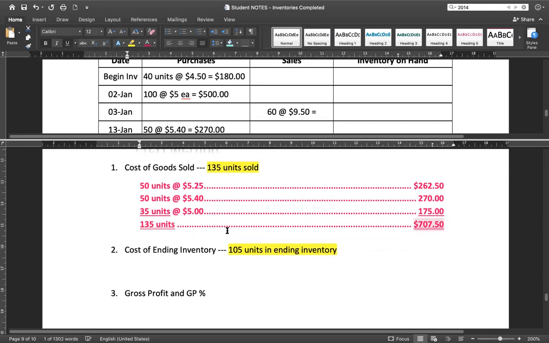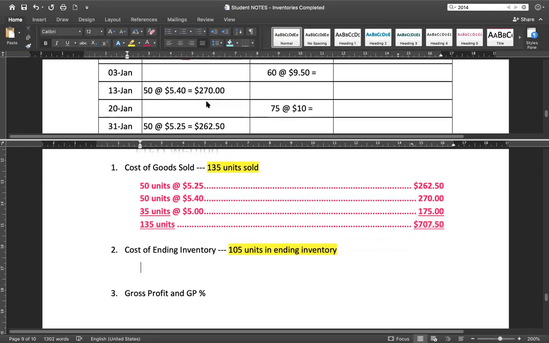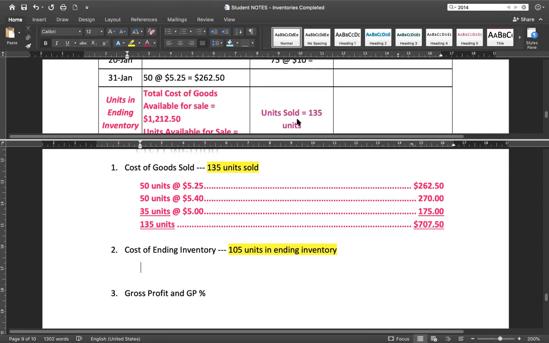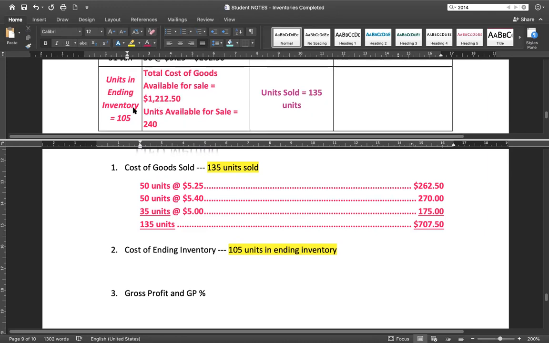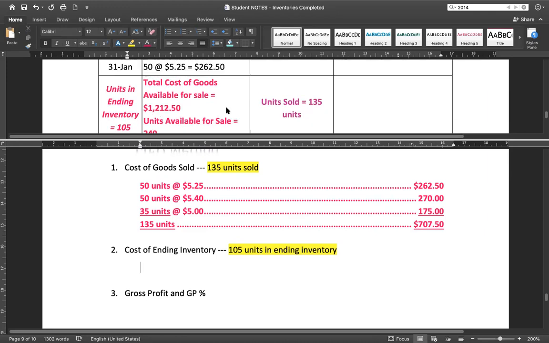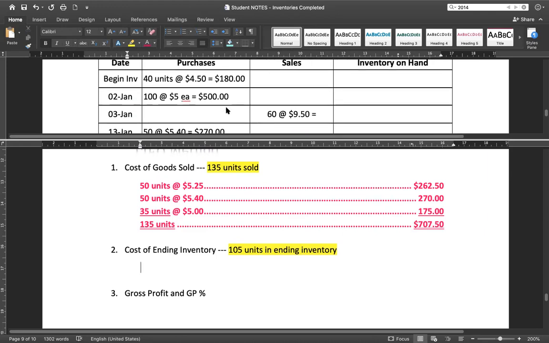Okay. Now, the cost of the ending inventory: there are 105 units that were left in ending inventory. And when we are computing the cost of the ending inventory, we're going to compute 105 units, but now last in, first out means that the first units in stayed in, or the cost of the first units stayed in.